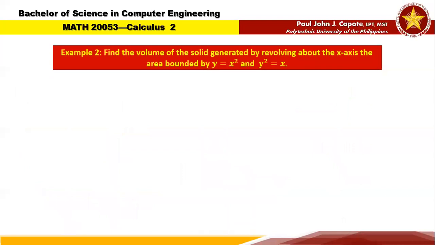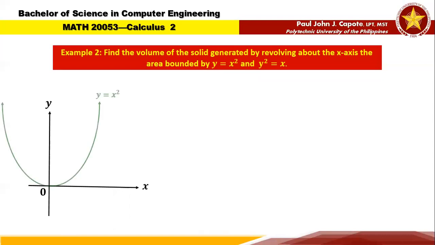Let's have example number 2. To find the volume of the solid generated by revolving about the x-axis, that is our axis of revolution or rotation, the area bounded by y equals x squared and y squared equals x. First, we sketch the graph of y equals x squared.